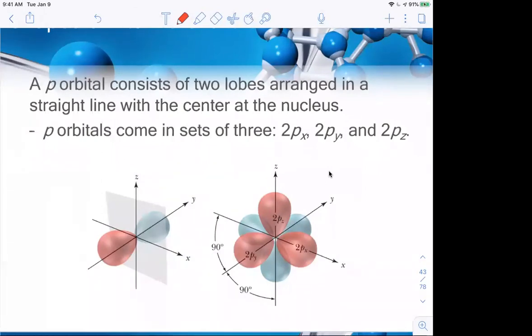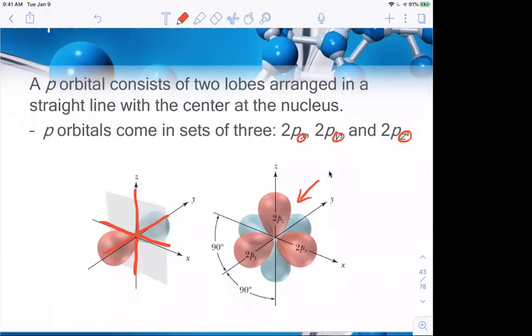p orbitals consist of two lobes. I have a straight line along each axis. So I have three different p orbitals. I have one along the x-axis, one along the y-axis, and one along the z-axis. They do get put one on top of another, so I end up with all of these different lobes.